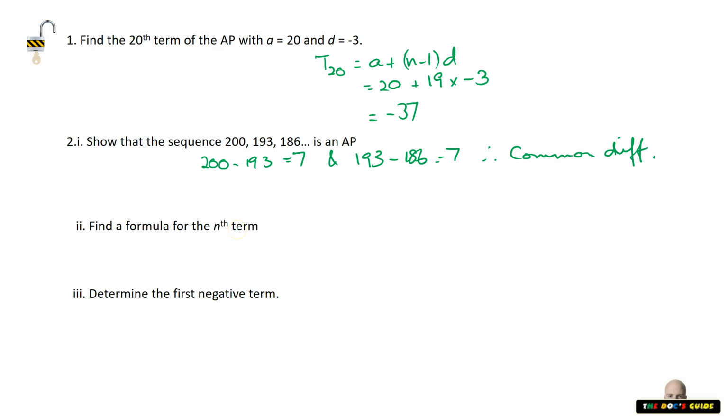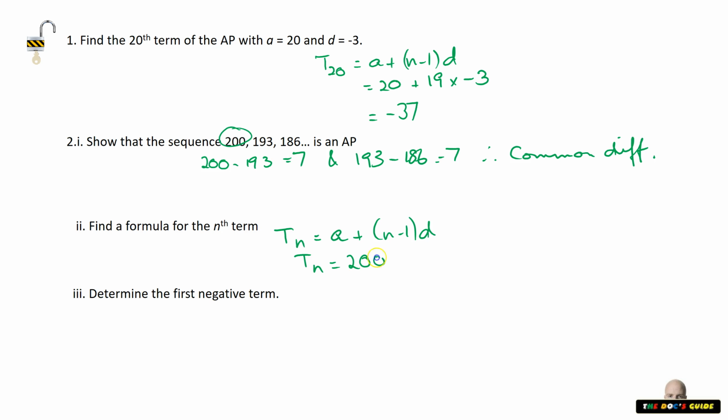Find a formula for the nth term. Well, this is again basically taking Tn equals a plus n minus 1 d and turning it into a formula for the nth term. For the nth term, we know that a is going to be the first term, so that's 200 here.